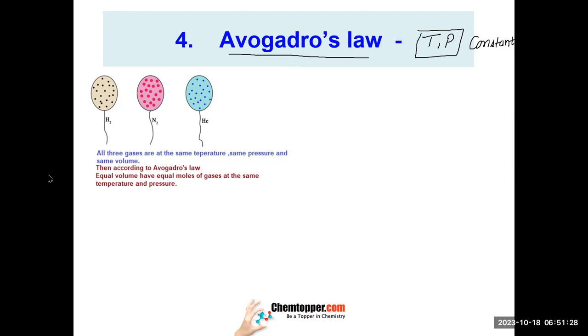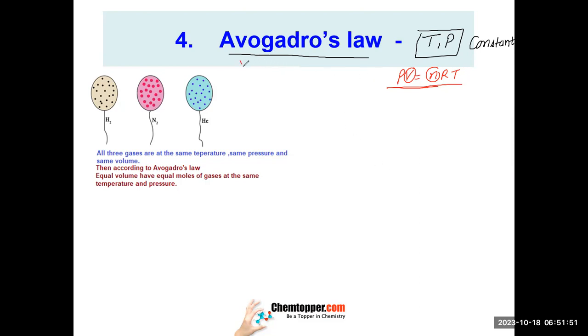So what's the ideal gas law? PV equals nRT. Can you isolate volume and n in this equation? Isolate them and give me the rearranged equation.